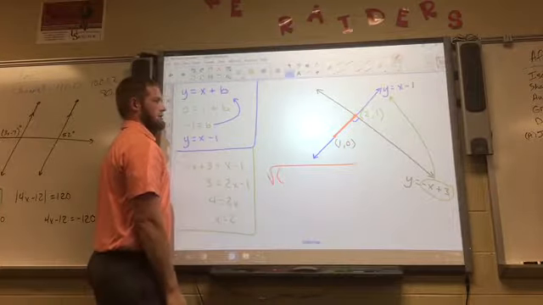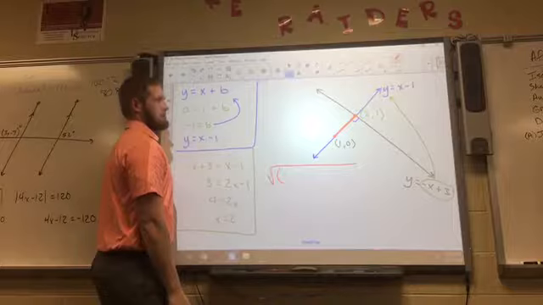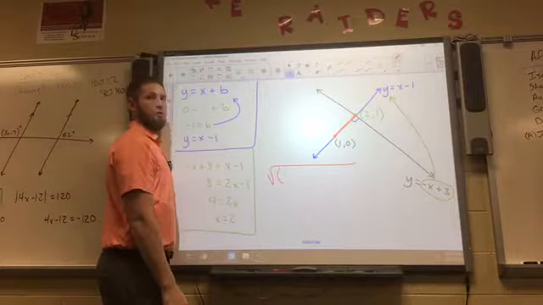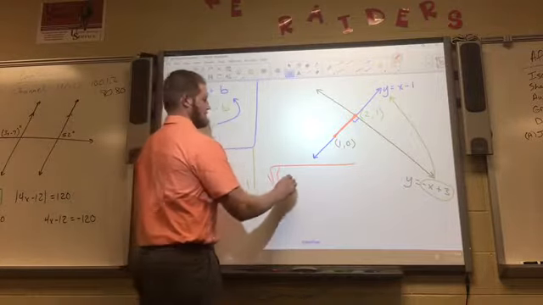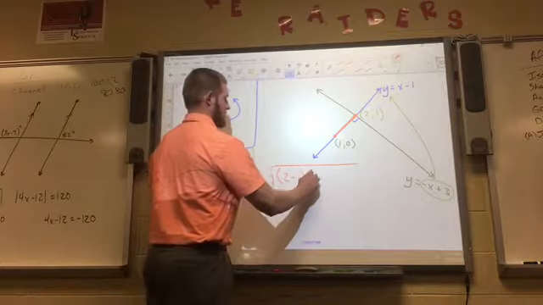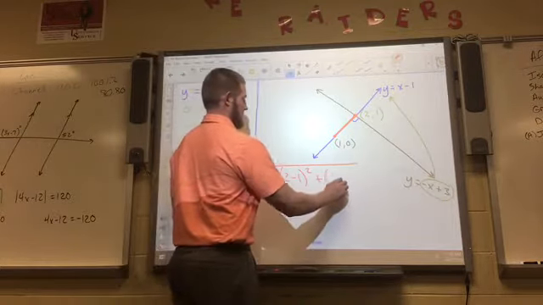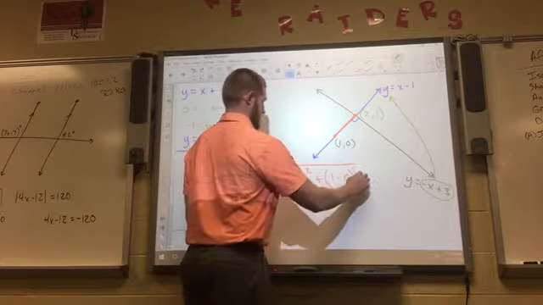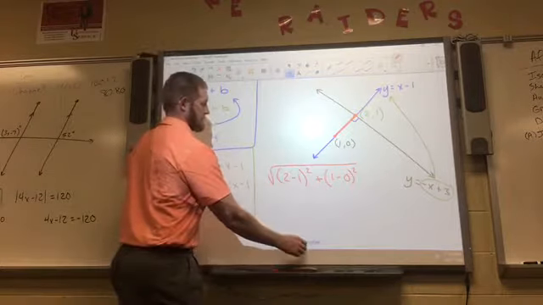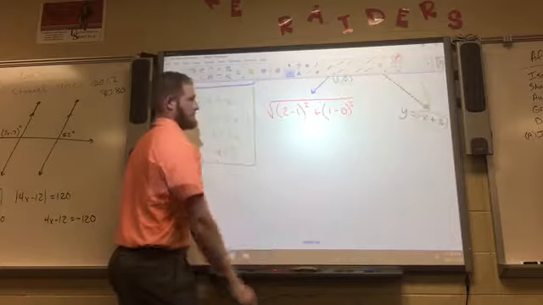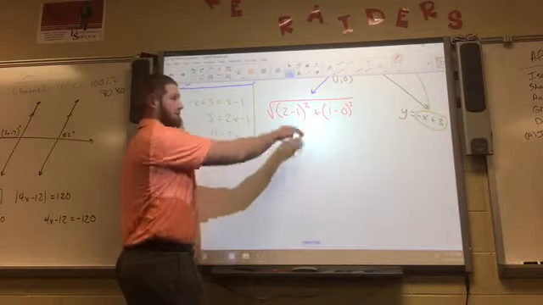What goes in our distance formula? Okay, which would be 2 minus 1, squared, plus 1 minus 0, squared. That diagram now does not matter to us, because I've got everything I need.